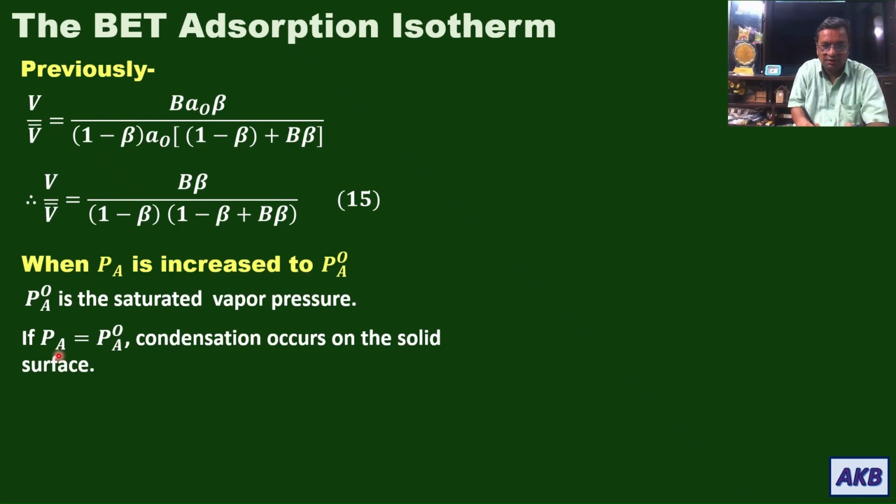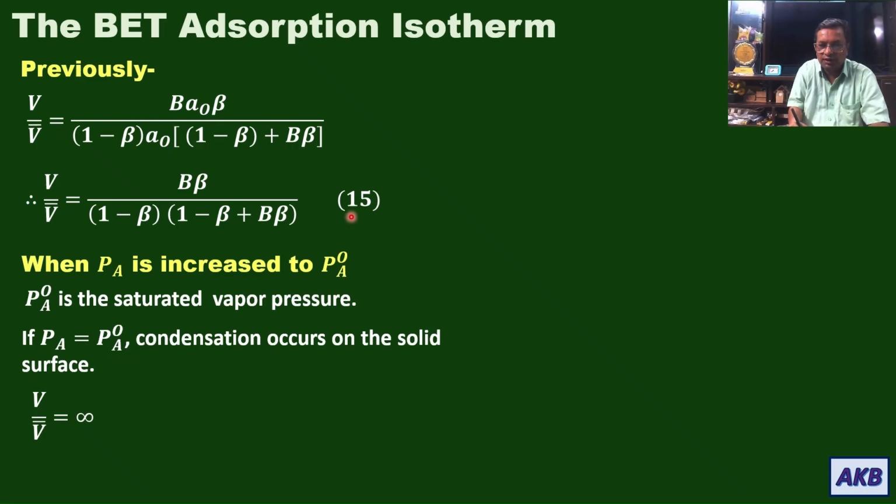When PA becomes equal to PA naught, condensation occurs on the solid surface. And in that case, v upon v bar becomes infinite when P becomes equal to the saturated vapor pressure.